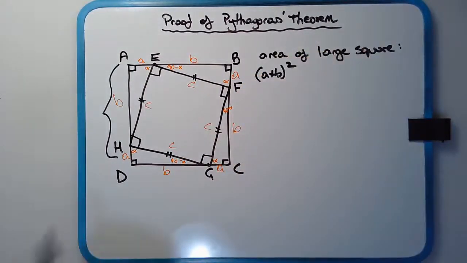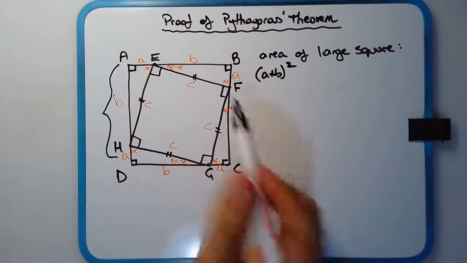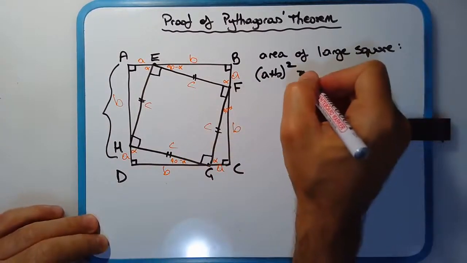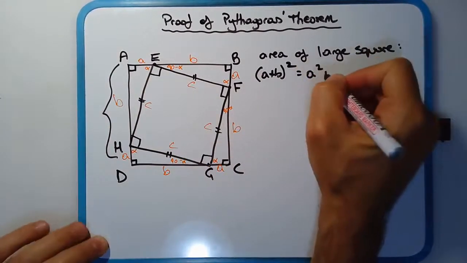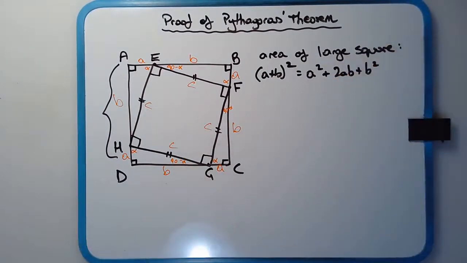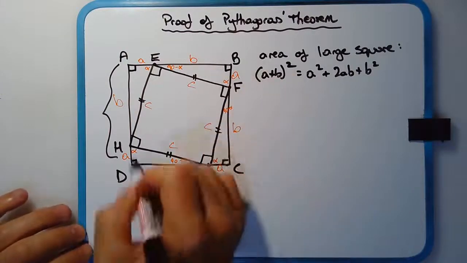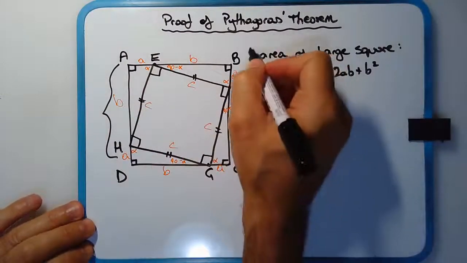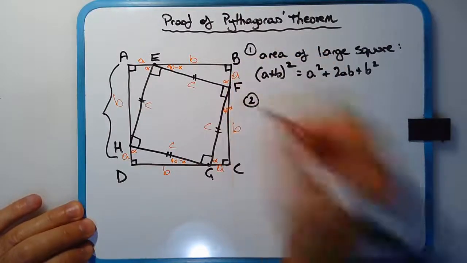And we're going to square that because it's a square, so we want the area. So that's going to be a squared plus 2ab plus b squared. Now let's have a look at the area of the four triangles. Let's call that number one there.